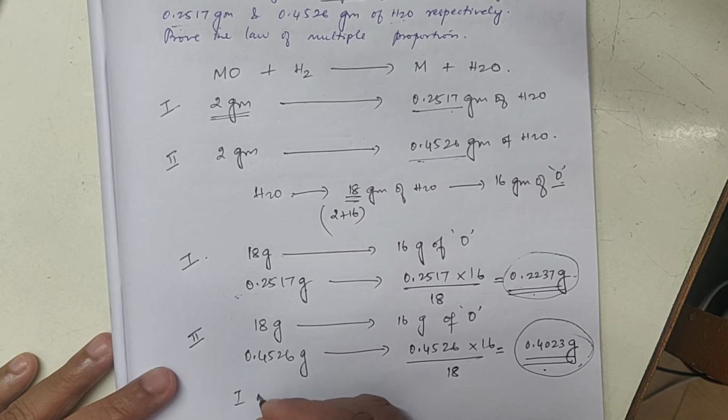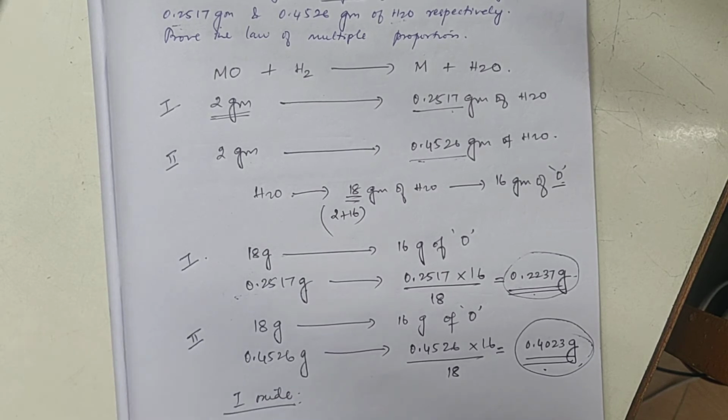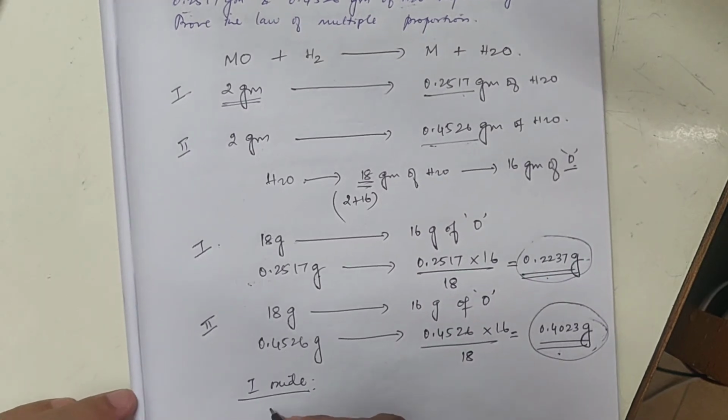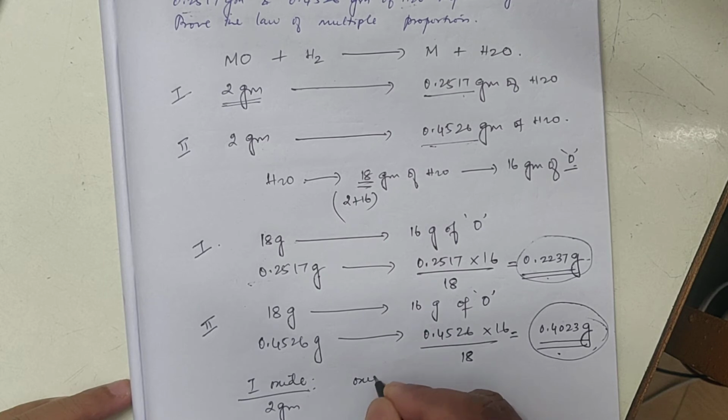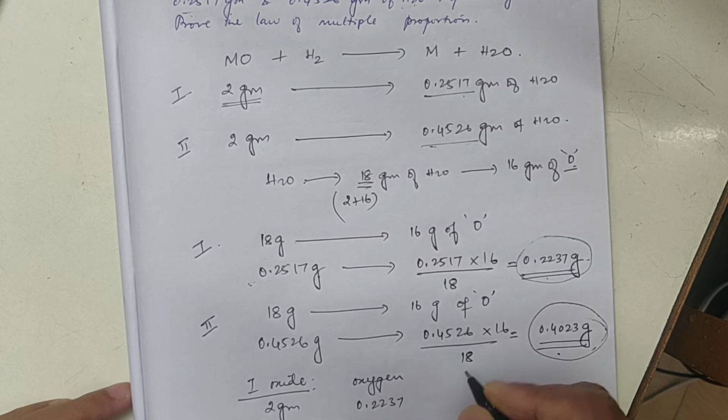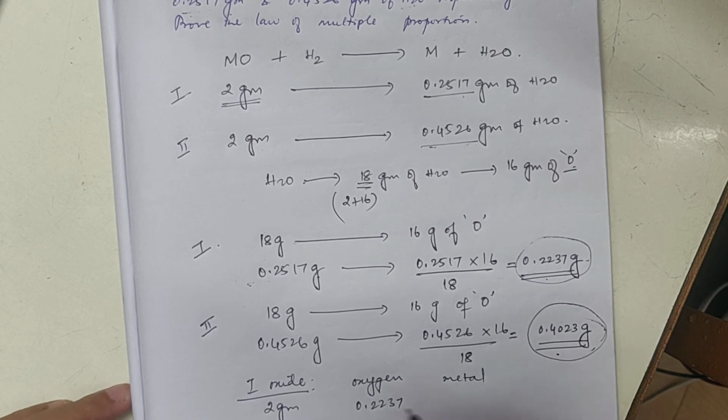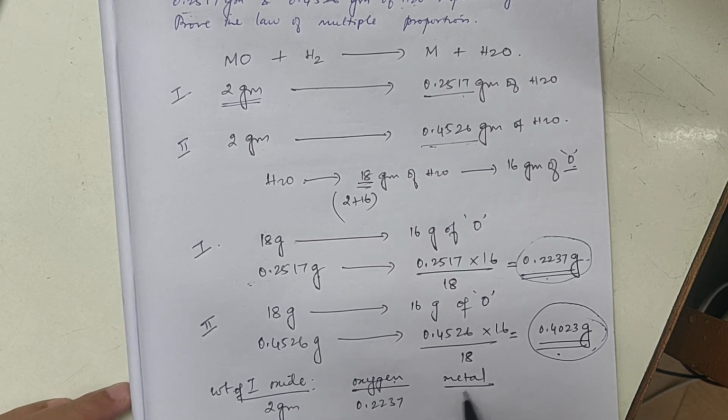So first oxide, when you consider, you have now 2 gram of oxide. Oxide is 2 gram and oxygen is 0.2237. So what is that of metal? This is weight of oxide, weight of oxygen, weight of metal.